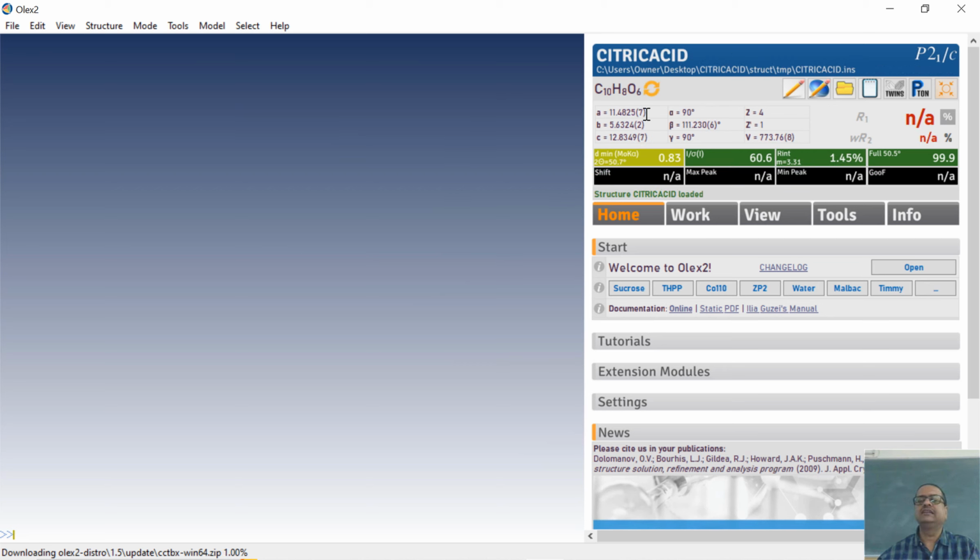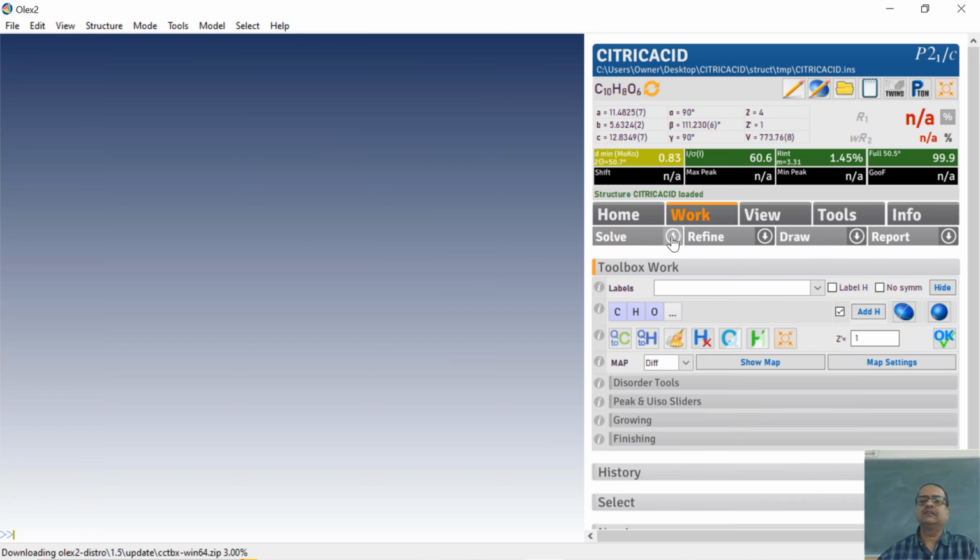So now basically it does not have any information other than the ABC alpha beta gamma, and it gives you the information about the current data, what is the maximum resolution, what is I by sigma of I, R int, and completeness of data. The completeness is 99.9%.